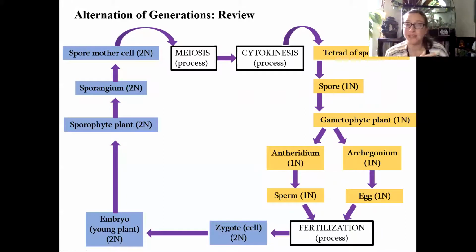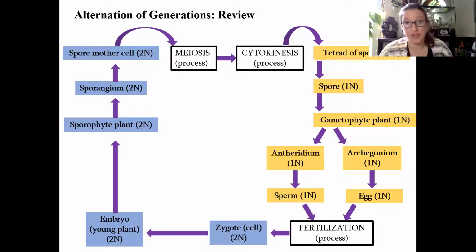Even though we use that example of a caterpillar turning into a butterfly, that's not alternation of generations because both of those things are diploid. Alternation of generations specifically refers to two organisms, one of which is a haploid organism, one of which is a diploid organism, that are each part of a single life cycle, right?